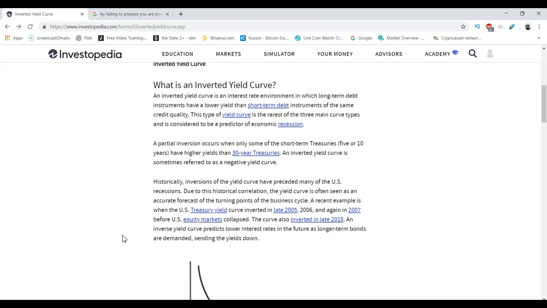I mean, we could go to a zero interest rate again, but they already did that back in 2008 and 2009 after the economic crisis that came after the last inverted yield curve. So we already experienced a 0% interest rate. What's next to happen is going to be a negative interest rate.